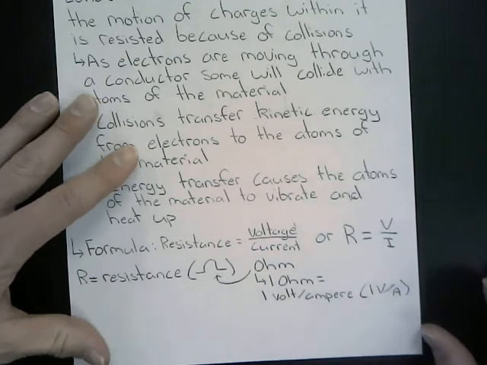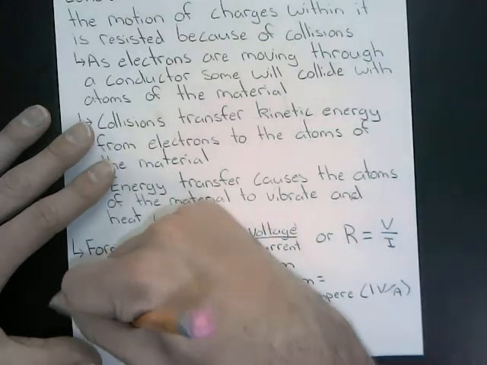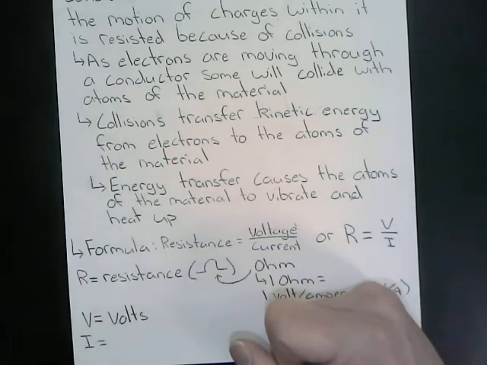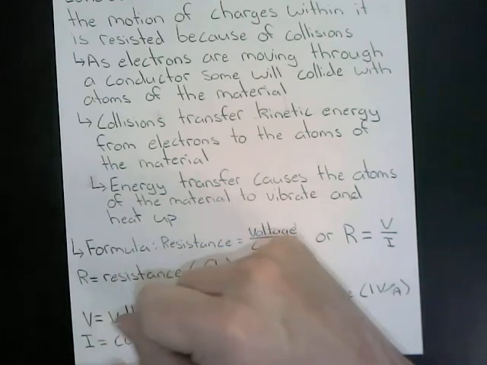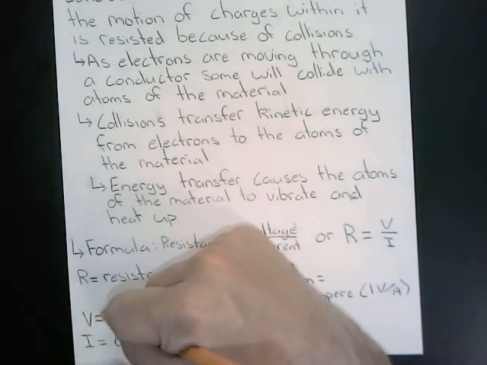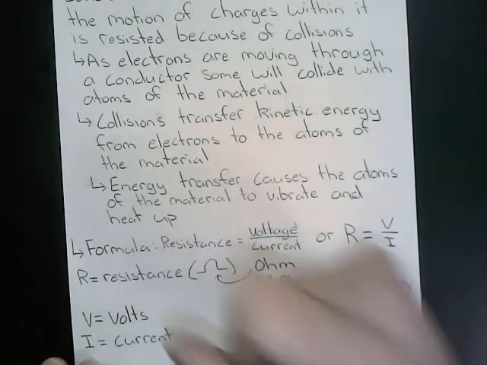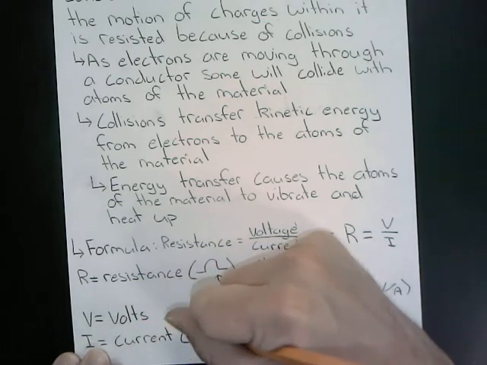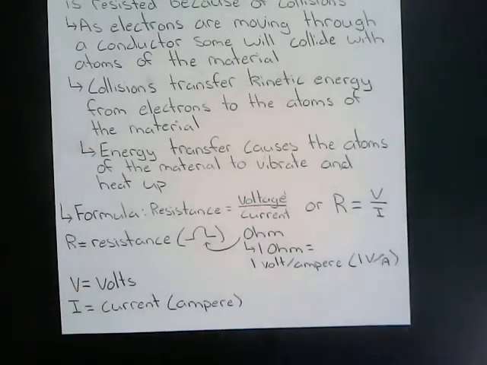Our V stands for volts, and then our I stands for our current, which is in units of amps. All right, so remember this formula. We're going to use it now in an example.